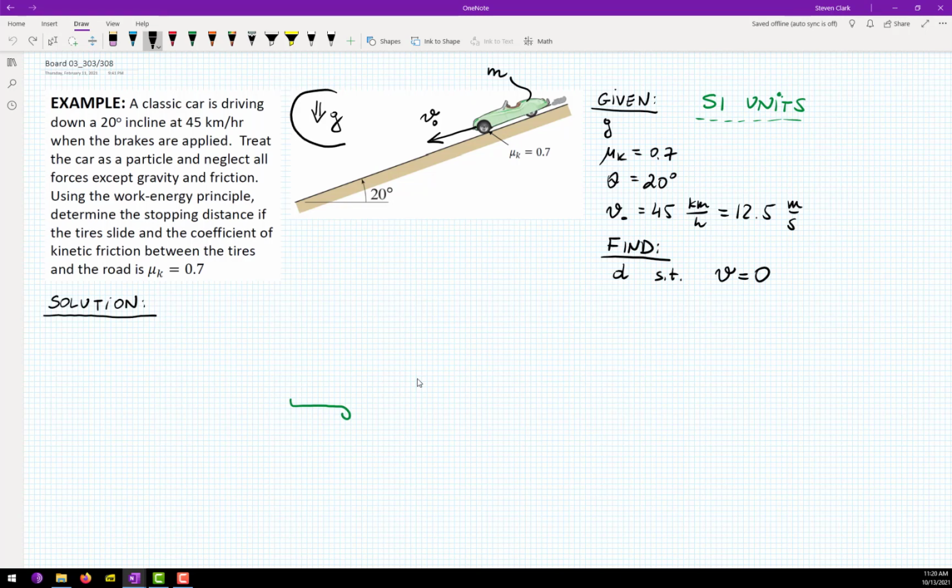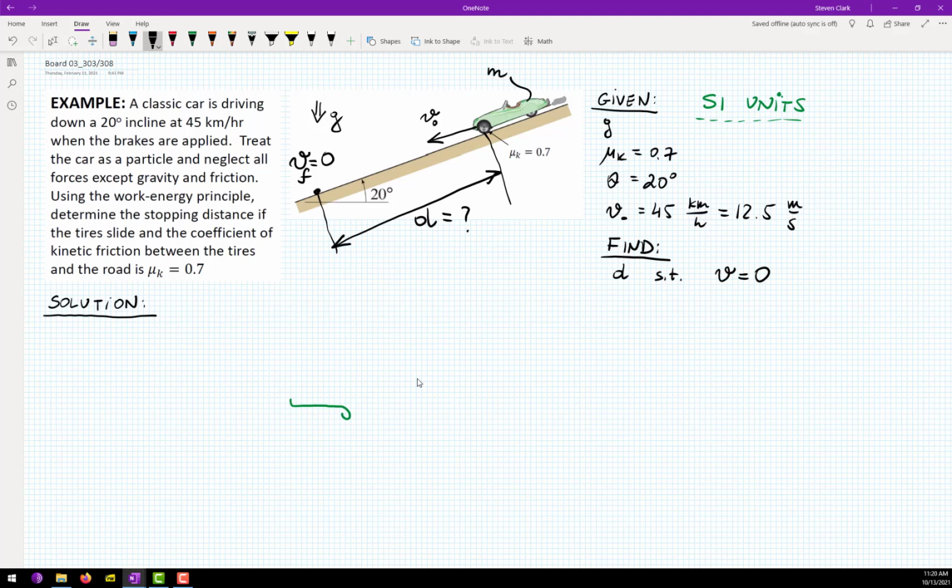We are on Earth, so g points downwards. Initial velocity is 12.5 meters per second. They ask us to find this distance, where the final velocity is 0. Any questions?